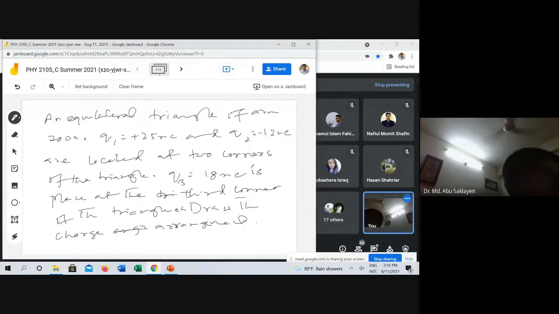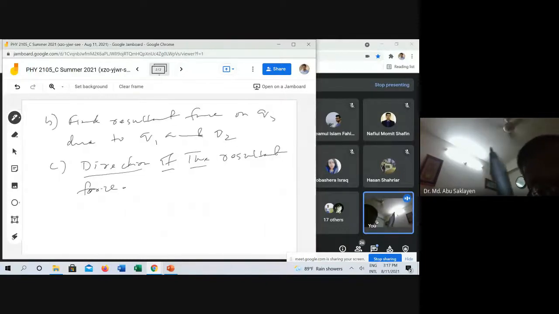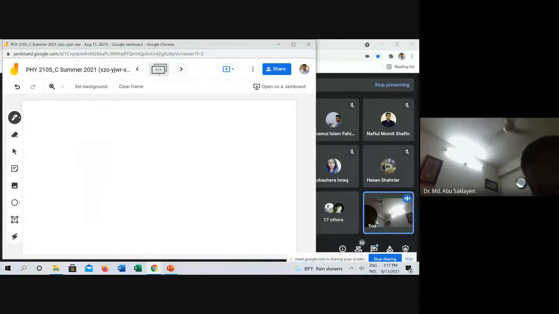So now tell me, the charge arrangement: an equilateral triangle of arm 20 centimeter, Q1 is 25 nanocoulomb and Q2 is minus 12 nanocoulomb, located at two corners of the triangle. Where is Q3 placed? The third corner. So you may consider the three corners arbitrarily, since it is equilateral and the arms are equal.